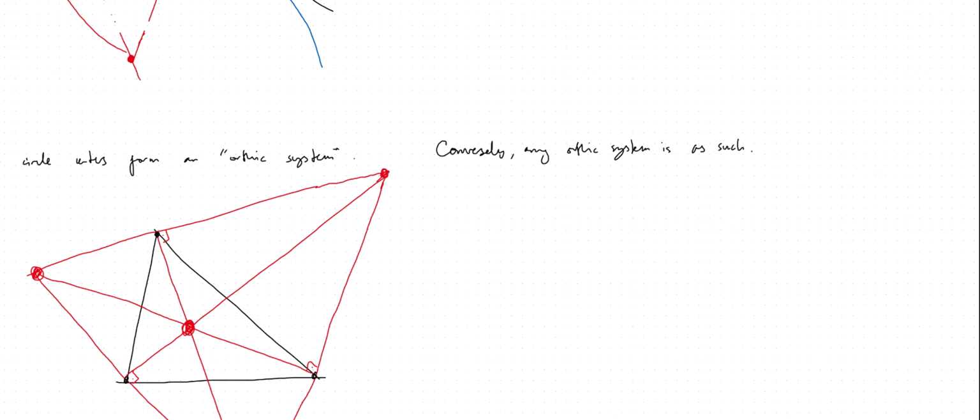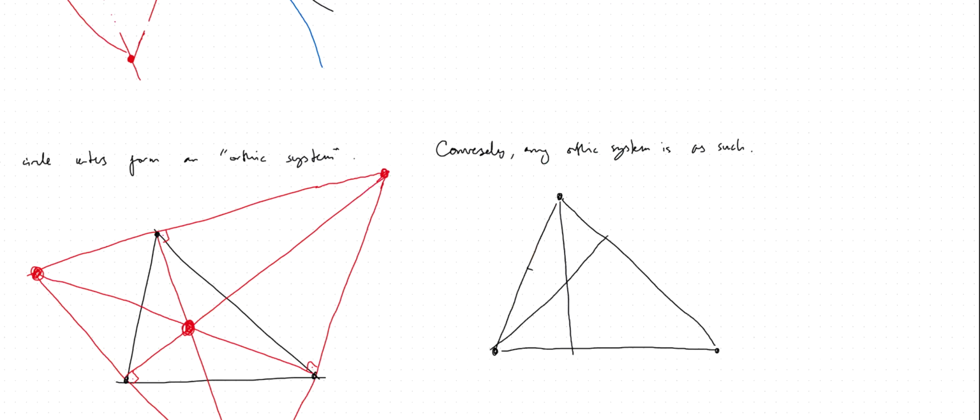For this, when you take any orthic system, let's try to prove this angle equality. I'll just take any orthic system, okay? And let's look at these orange points. Can anyone prove this angle equality for me? That this angle is equal to this angle.